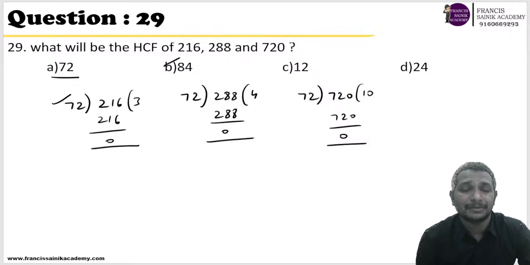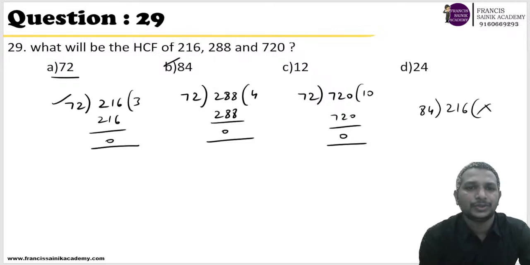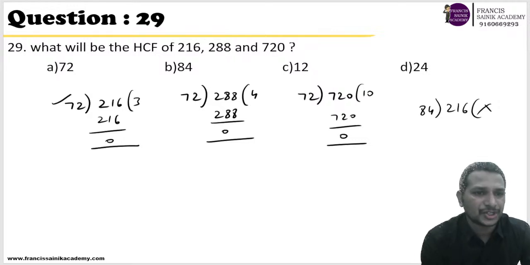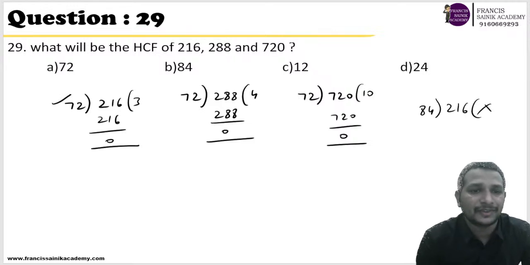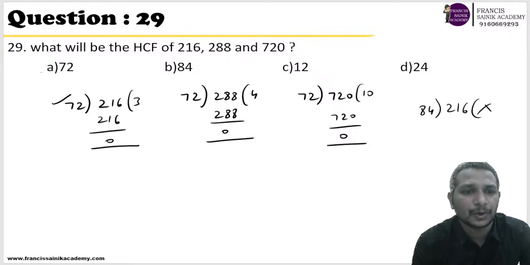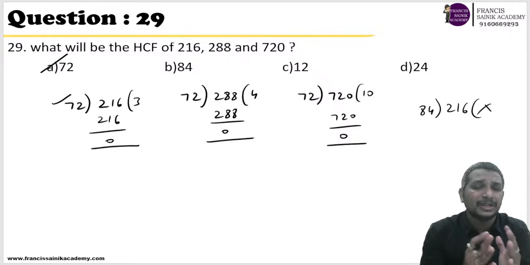Let's choose the greatest number, 84. So that's option verification, whichever option divides all the numbers. 70 is dividing all the numbers. That's why it is the HCF. HCF means that number should divide all the numbers.